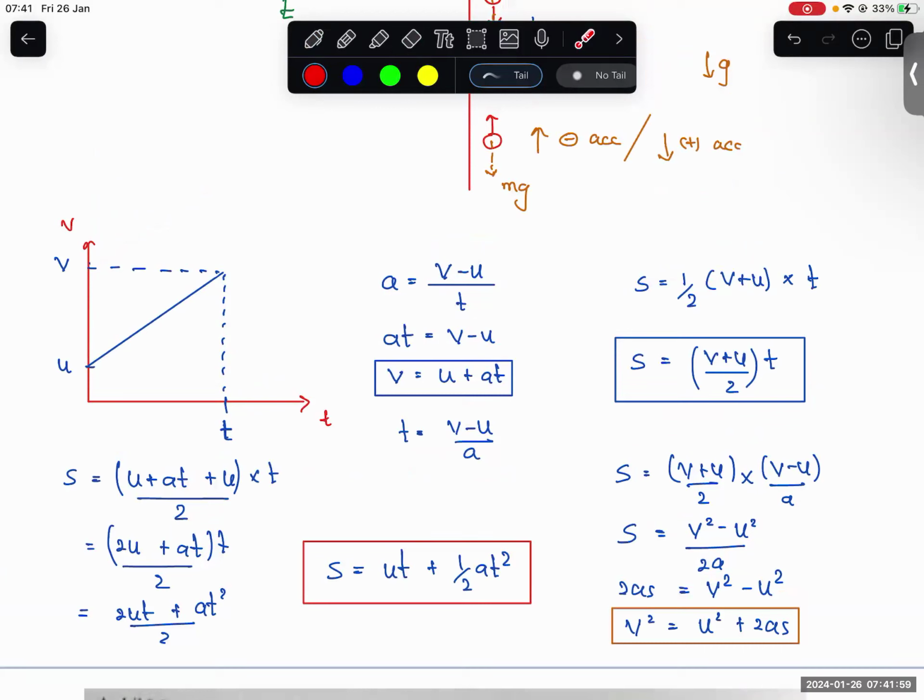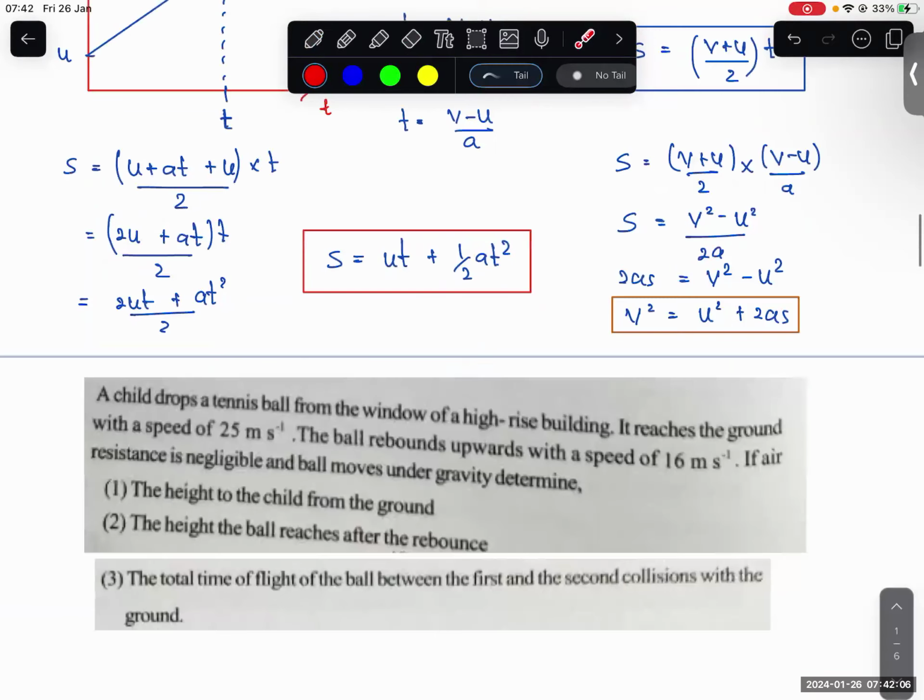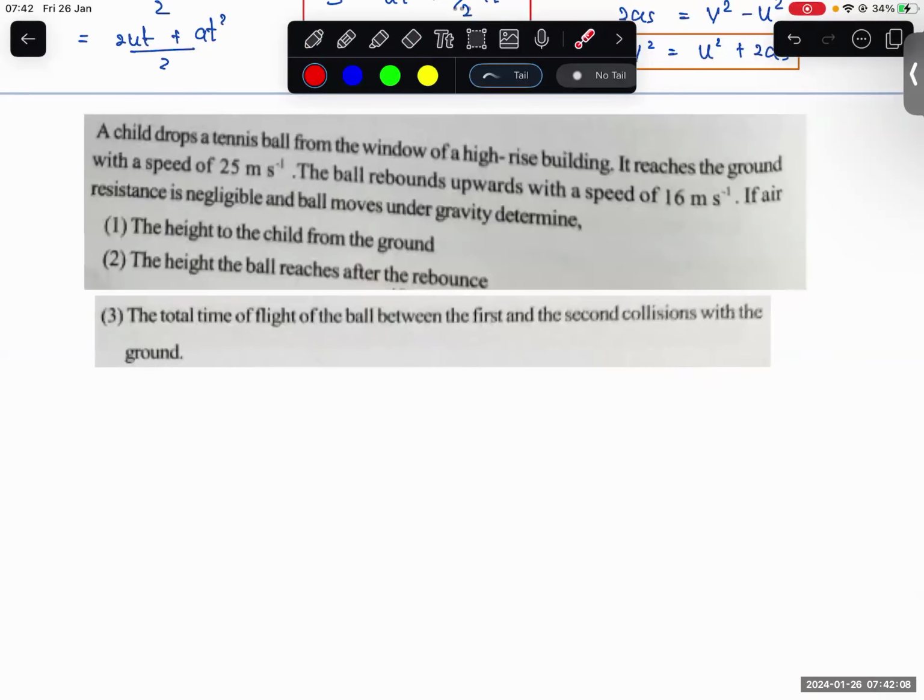Good. So now I will send you this document so you can always have a look at it when you're revising. Now let's do this question. So before that, guys, let me explain the steps of studying physics.